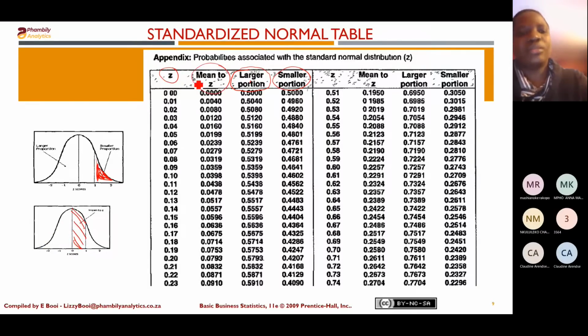Any question that has to do with between, we are going to use that. Any question where the shaded area is the smallest, we look at the smaller portion. If the shaded area is big, we look at the larger portion. So think about it in that way.